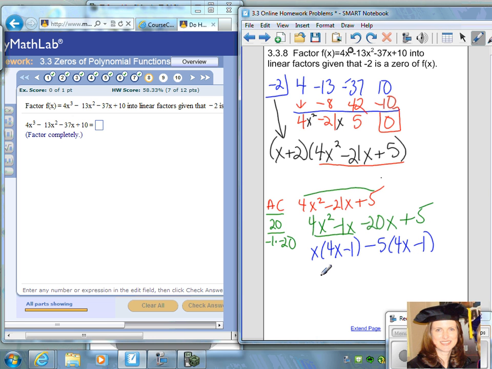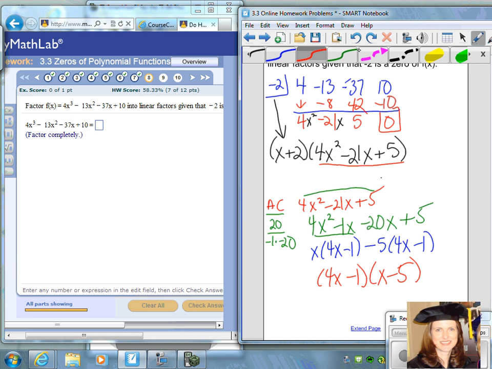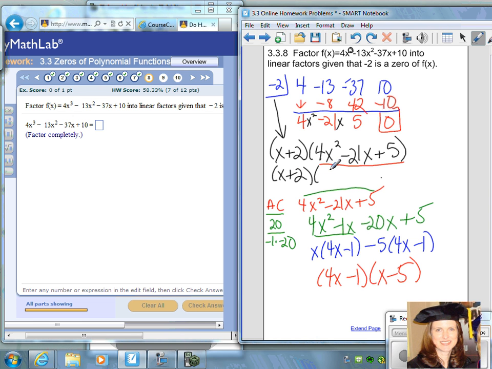So the factors are 4x minus 1 is a factor and x minus 5 is a factor, along with this x plus 2 factor. Again, x plus 2 is a factor, and all of this, as I've shown below here, is how we factor 4x squared minus 21x plus 5. The factors of that are 4x minus 1 and x minus 5.